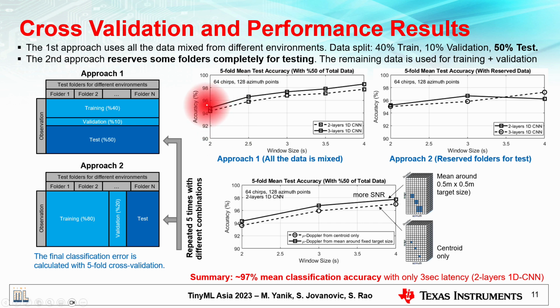Of course, if you accumulate more data across time, if you increase your timing window from 2 seconds to 3 seconds, your performance can increase, but the trade-off will be more latency, since you need to buffer more data to make this classification work. In the other approach, as in typical machine learning papers, we completely reserved some certain people and some certain scenarios, then trained this network with the remaining data, and we could also achieve a similar amount of performance.